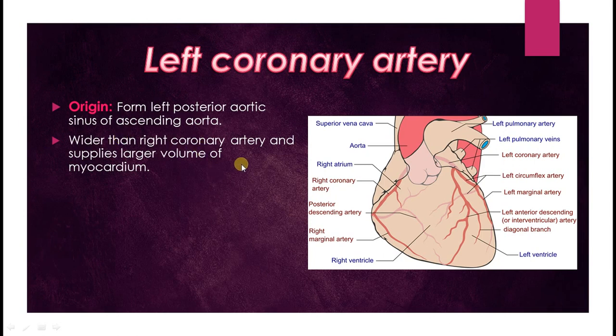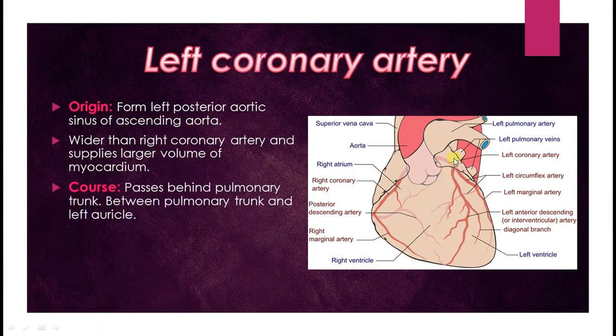So it is wider than the right coronary artery and supplies a larger volume of the myocardium. It passes between the left auricle and the pulmonary trunk.